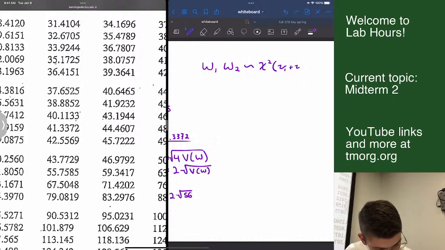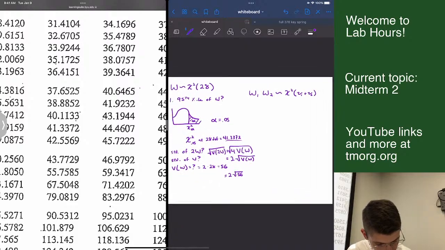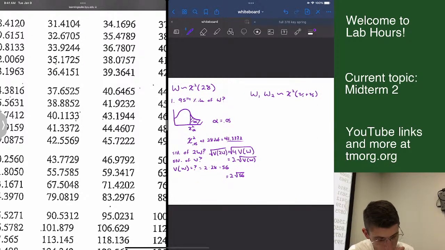I believe that is the case. Because what is 2? Oh no, so it's not W1 times W2. It's W1 plus W2, right? Because in our example we did 2W, which is like W plus W, and we found the standard deviation. We found that the variance was 56, and the variance of this other one was 4 times that.